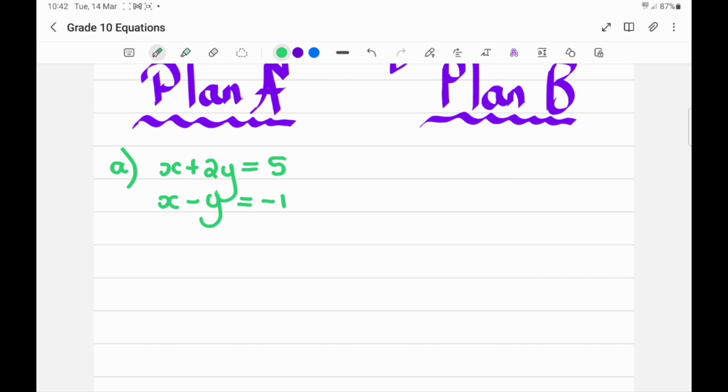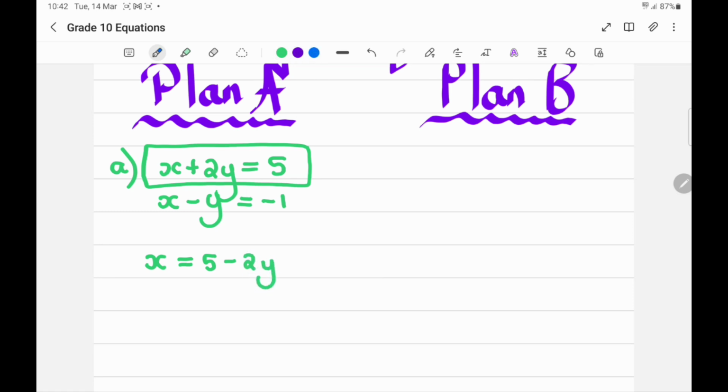So let's just use this top equation over here, and I'm going to manipulate it so that I get x alone. So x is equal to 5 minus 2y.